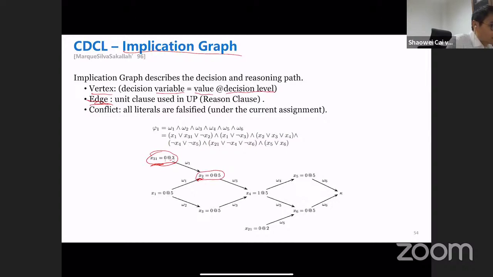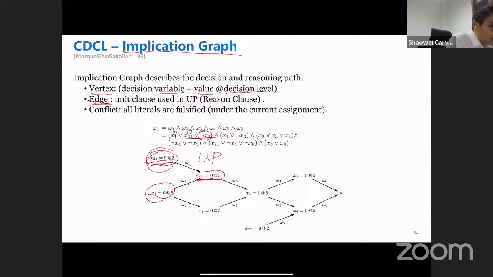And here, this node, x2 is assigned to 0, but it's implied not by the decision heuristics. x2 must be 0 because once these two values are assigned, then by the first clause, we have a unit propagation, and we get that x2 must be 0. So this is the first clause. And if we assign x1 to 0 and x31 to 0, we get a unit clause, not x2, right? So x2 must be 0.